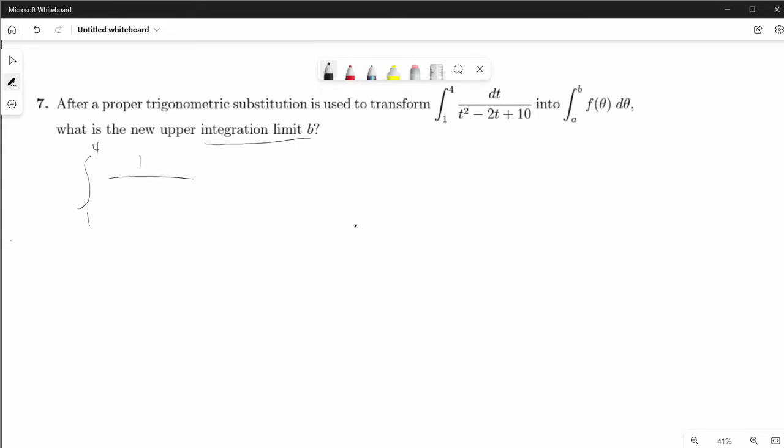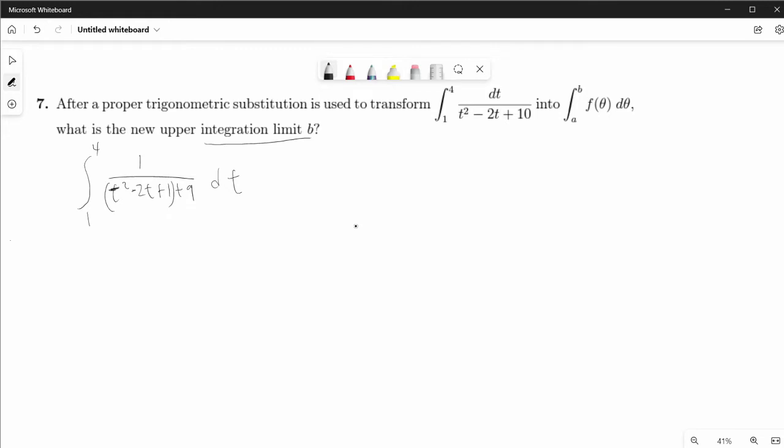1 over, I'm just going to write it a little differently, t squared minus 2t. I'm going to try to complete the square here, plus 1 plus 9, dt. So notice these first 3 terms form a perfect square.